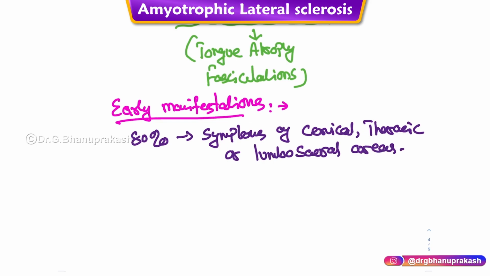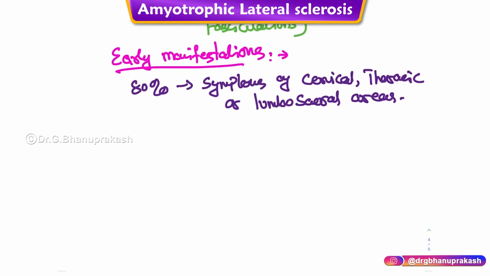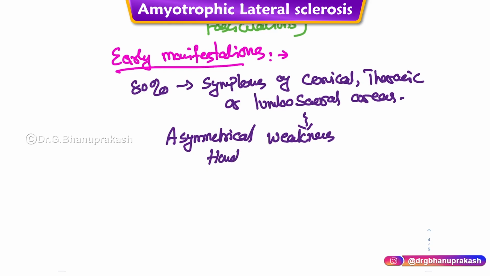I'm talking about initially. These patients present with asymmetrical weakness affecting hands, arms and legs. This usually manifests as unilateral foot drop or hand weakness. This is how the presentation will be.